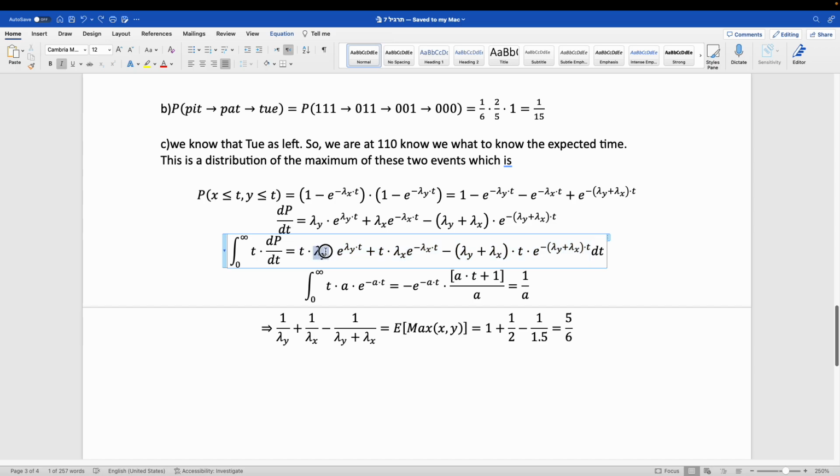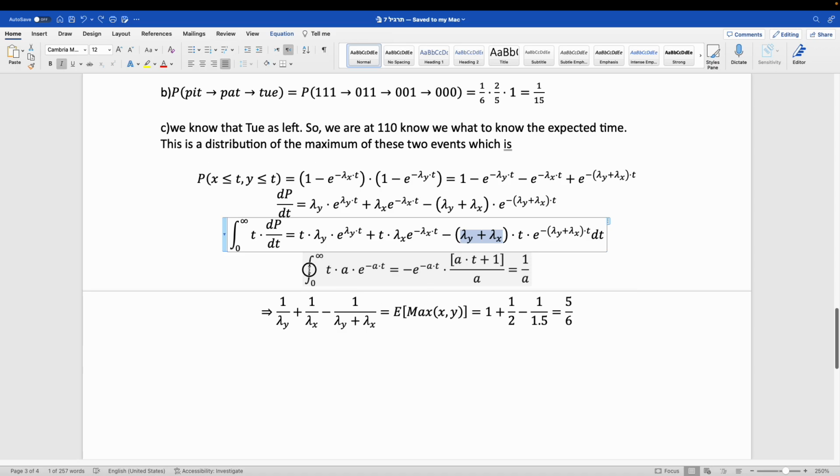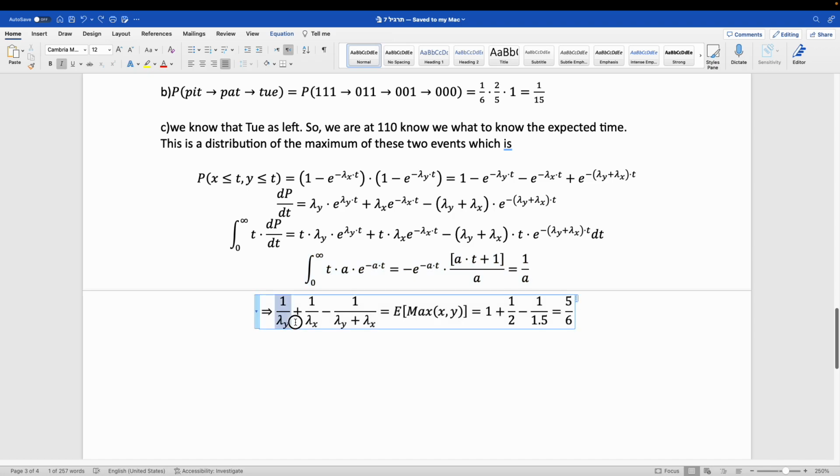So here you have lambda y, but here you have lambda y plus lambda x, but they look the same. So I did here the general integral from 0 to infinity of t times a e to the power of minus at, and we get here 1 divided by a eventually. So it's really easy to calculate this integral, and then you just put all the numbers inside and you get 1 divided by lambda y plus 1 divided by lambda x minus 1 divided by the sum of lambda y plus lambda x.